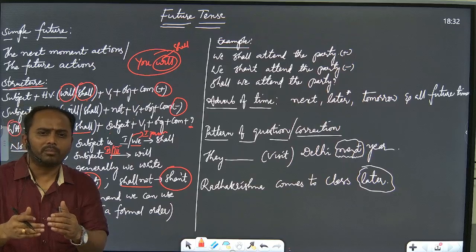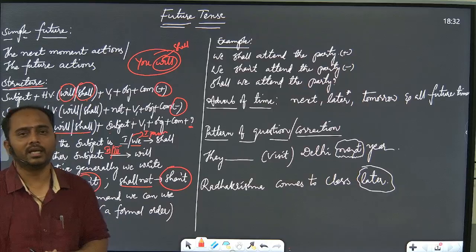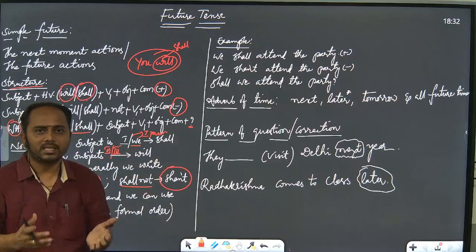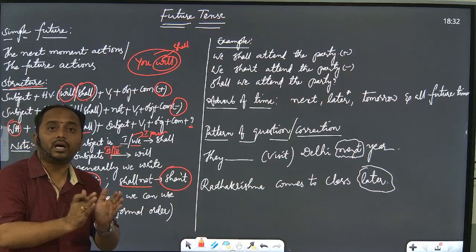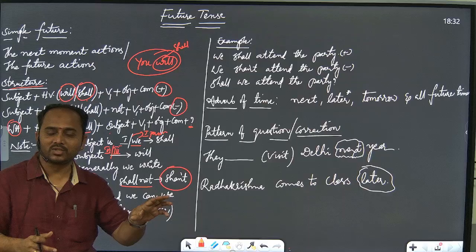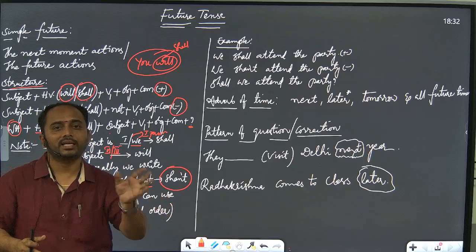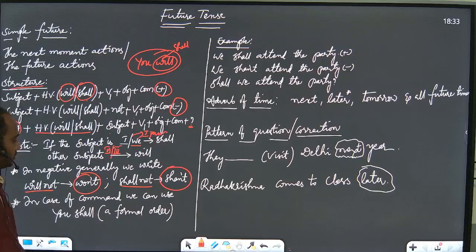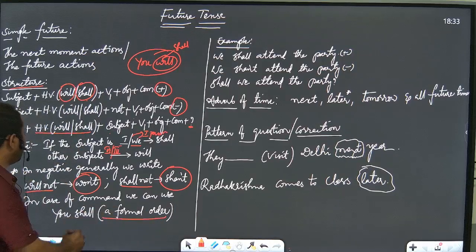Whenever you want to command someone who is elder, senior or superior, you can use shall instead of must. Of course, must is also an order word, but in an informal way. You must do this work means it is an order. But whenever you say you shall do this work, it is a command. Command is nothing but a formal order. So this is a word which we generally use for the corrections.